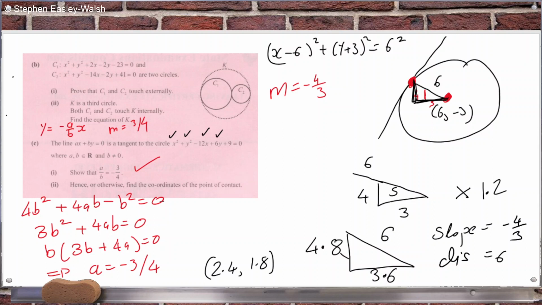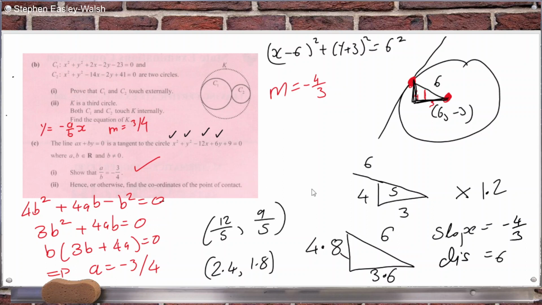So what would that be as a fraction? That's 12 over 5 and then 9 over 5. Yeah, which is correct. Good.